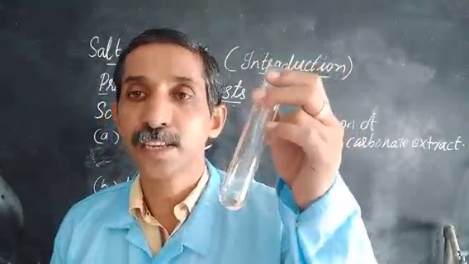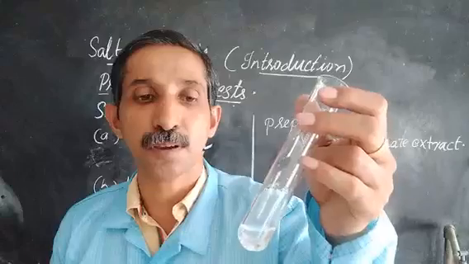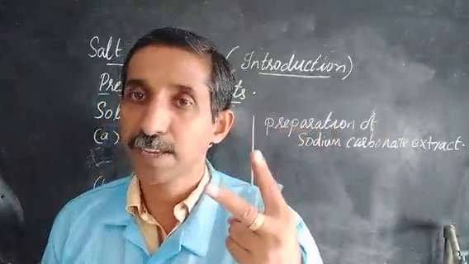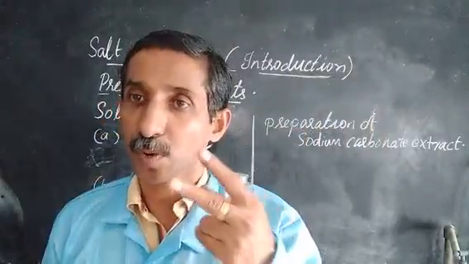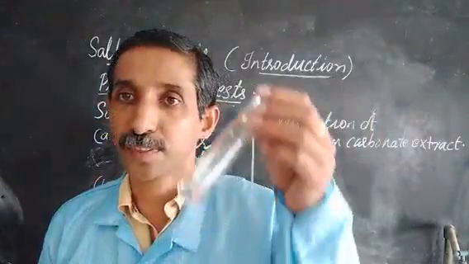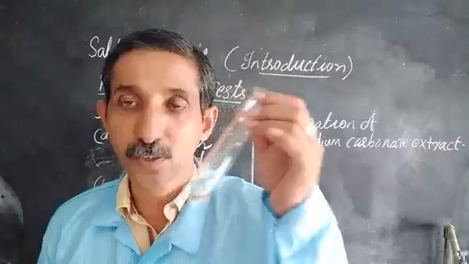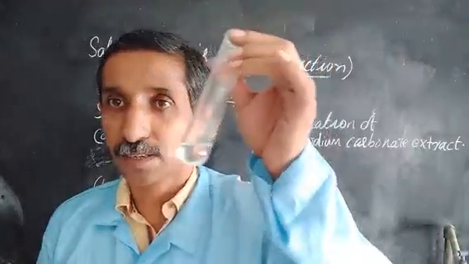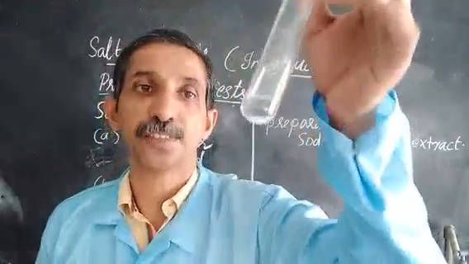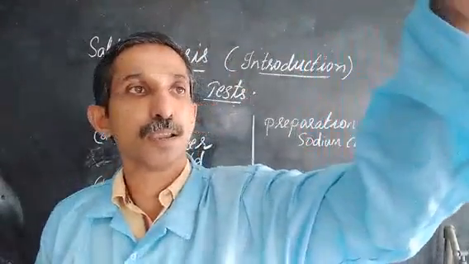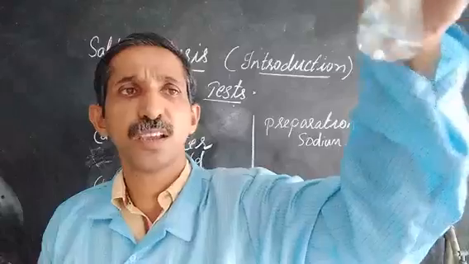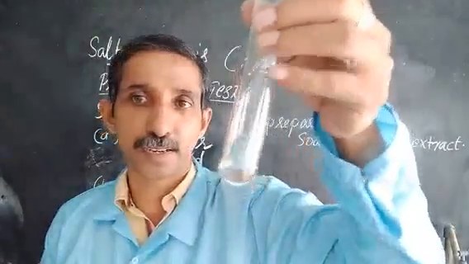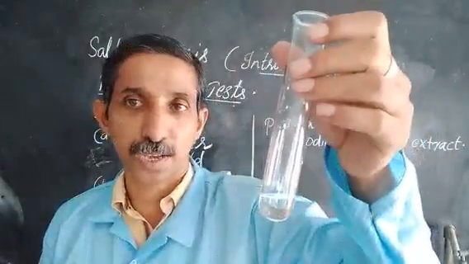In the preliminary test of anions, as I have told you, there are mainly two steps. One is the treatment of the salt with the dilute acid. This is not yet over. Now you have added the acid only and nothing is observed. Maybe the salt is getting dissolved, and you are not that much concerned about the solubility in dilute sulfuric acid.